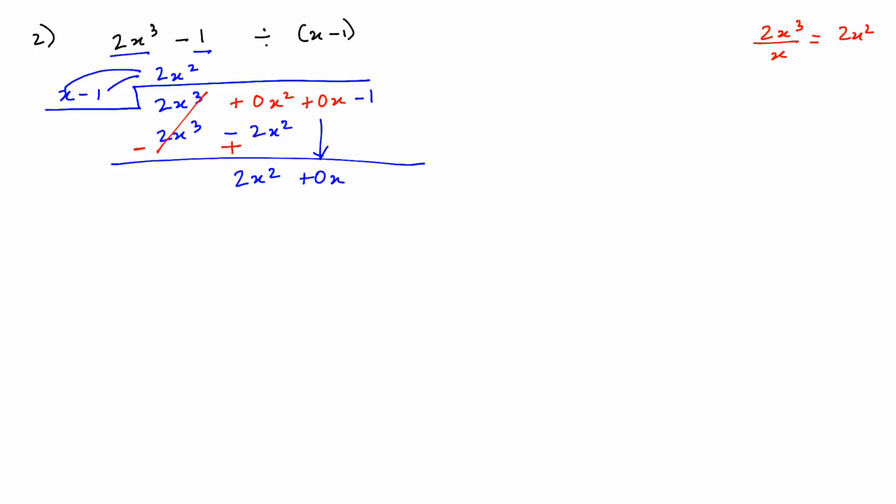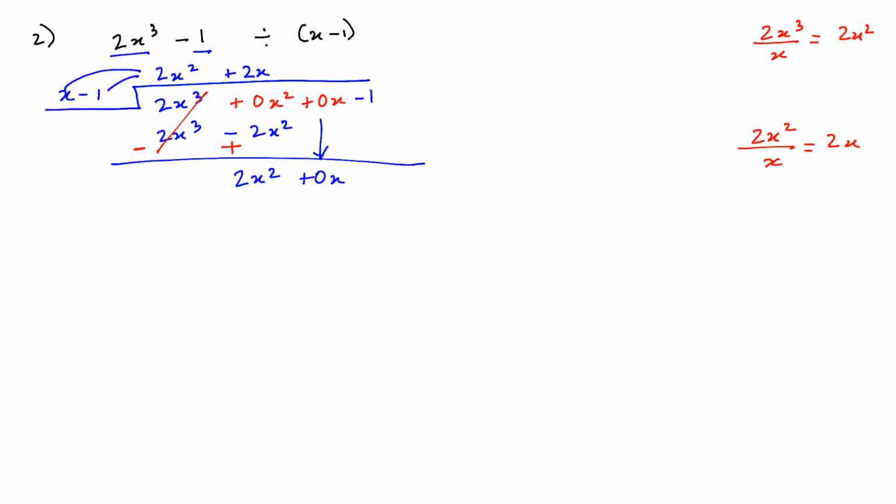Now, do you understand what times what will give you 2x squared? X multiplied by 2x will give you 2x squared. Or again, you can write on the side 2x squared divided by x. 2 minus 1, 1. So we get 2x.